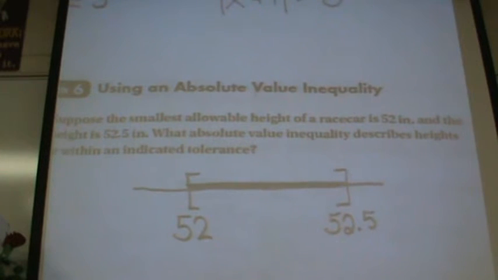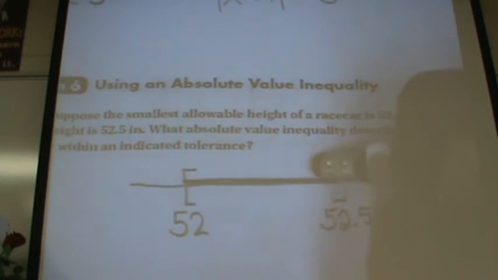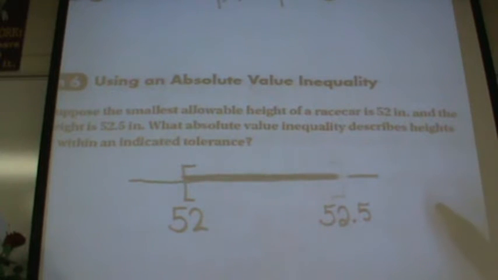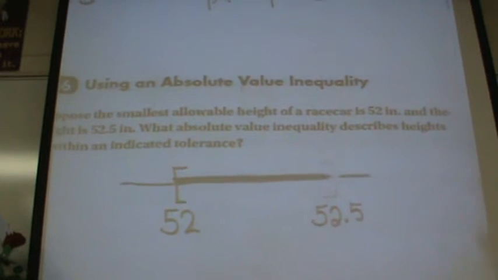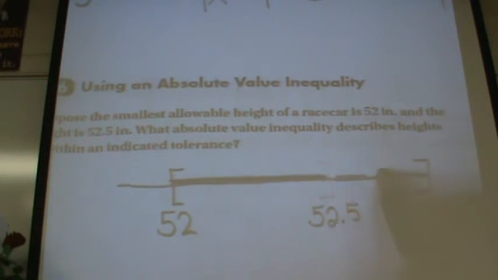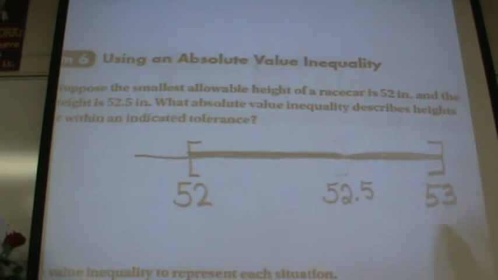Actually, I'm gonna change this and add something, just to make it easy. I'm gonna say the tallest you could be is 53 inches. That's the tallest. So the shortest you could be is 52.